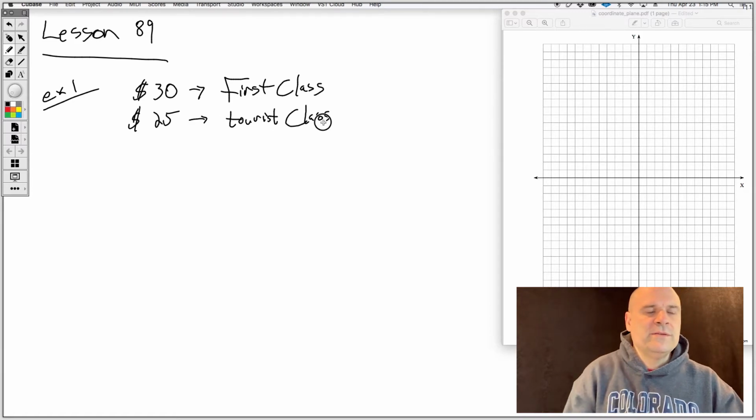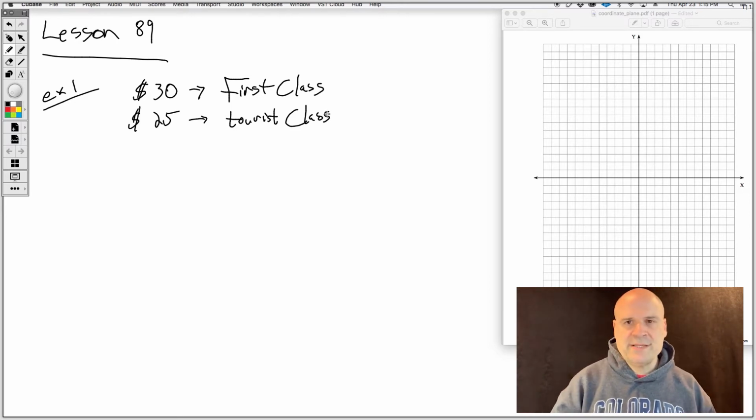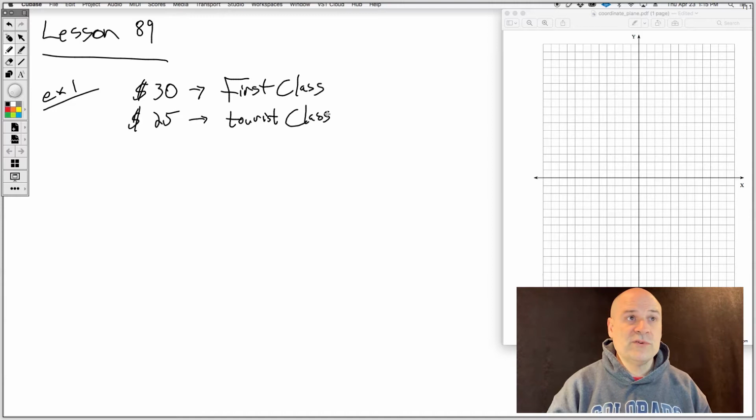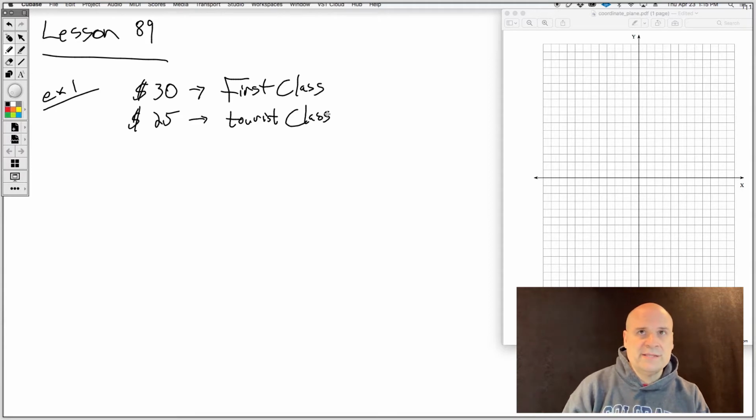If we remember our coin problems, nickels were 5 cents, dimes were 10 cents. So this is kind of the equivalent. First class tickets are $30, tourist class are $25. So you can have the number of tickets, but then the value of each of those tickets.